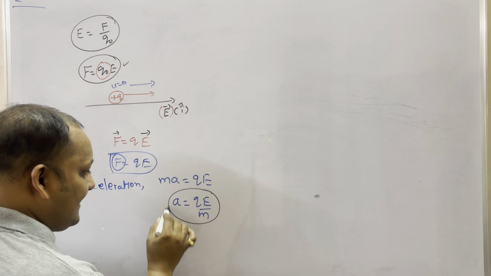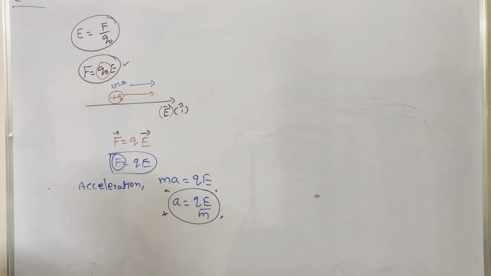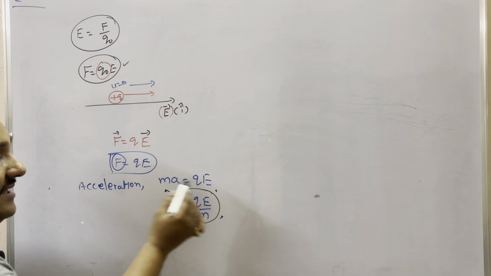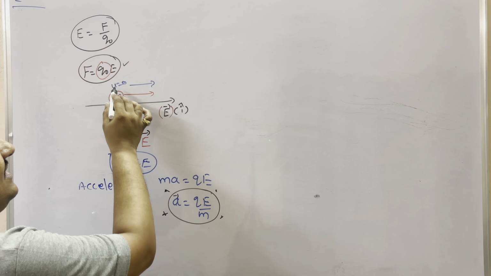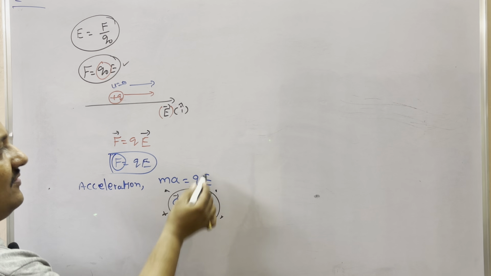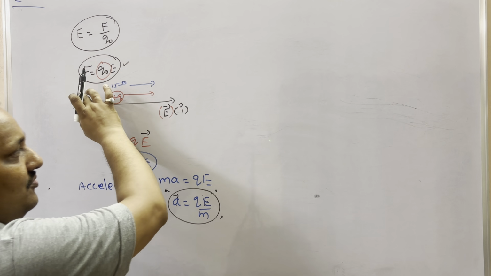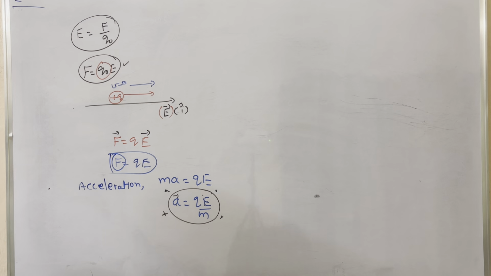This is the acceleration formula for a charge in an electric field. Now what is its direction? The acceleration direction is also towards the right side, in the direction of electric field.